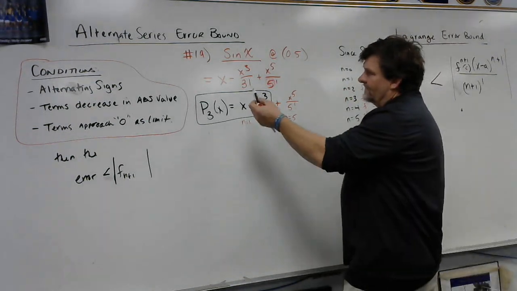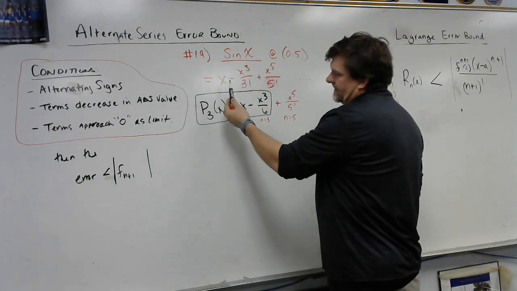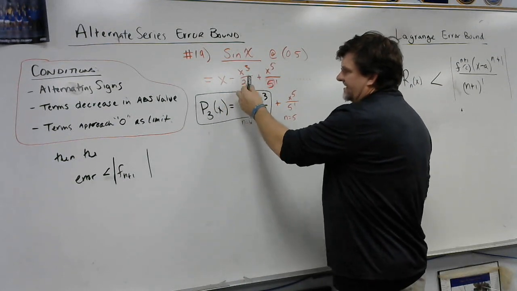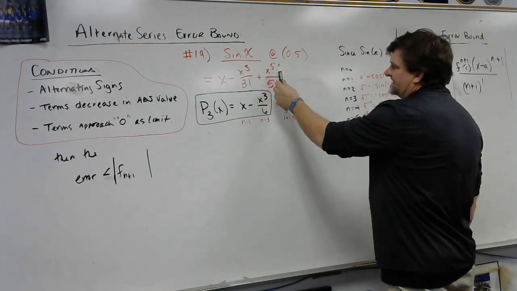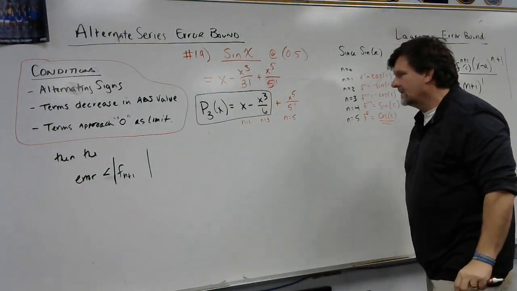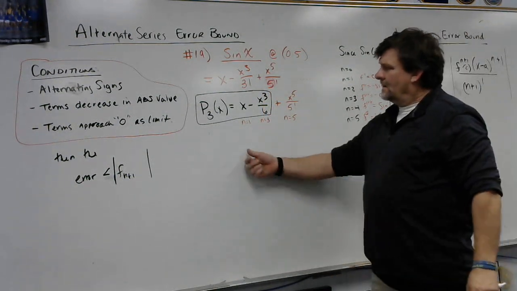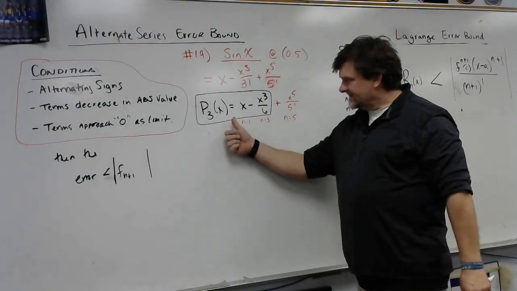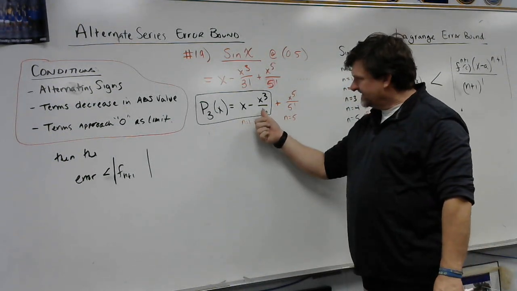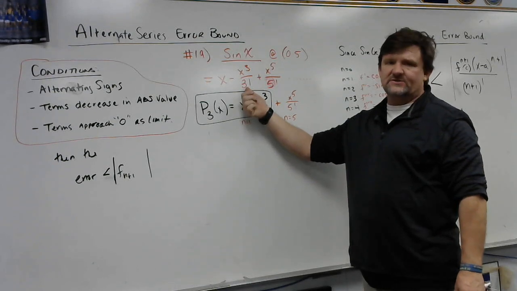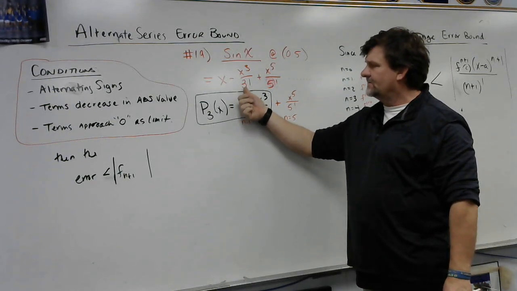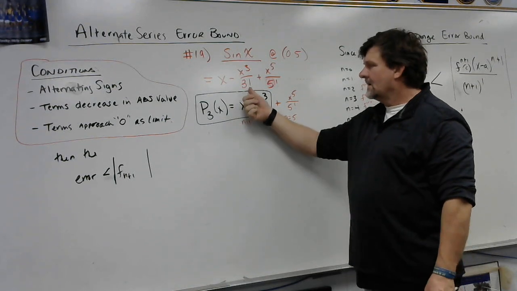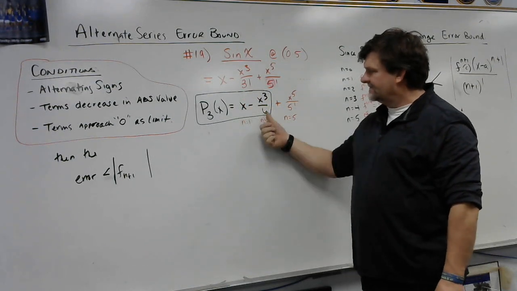For sine, the Maclaurin series is x minus x cubed over 3 factorial plus x to the 5th over 5 factorial. The reason I needed to know it is I was looking at this going, where'd the 6 come from? Well, it's right here. It's 3 times 2 times 1. 3 times 2 is 6, times 1 is 6. So that's where this comes from.